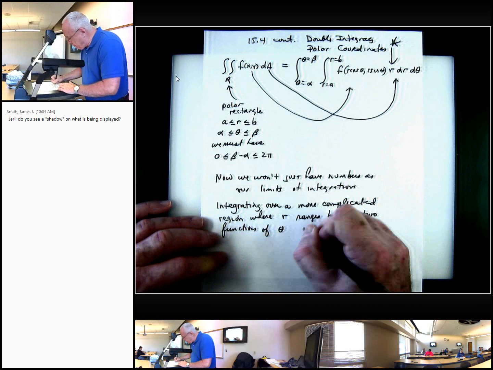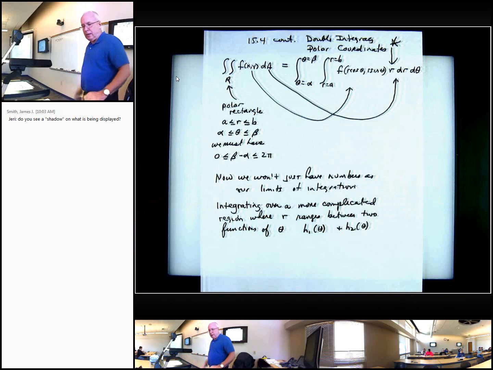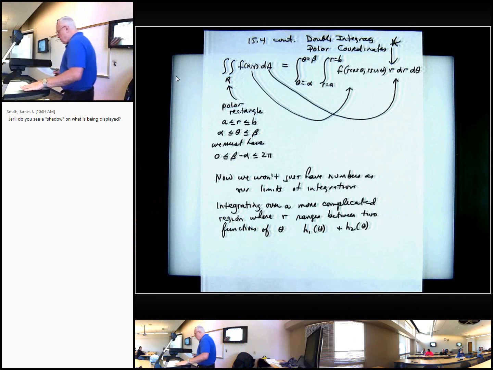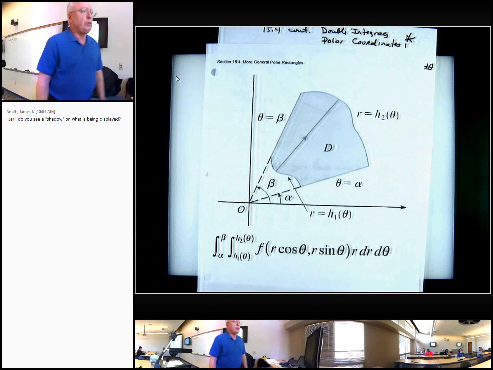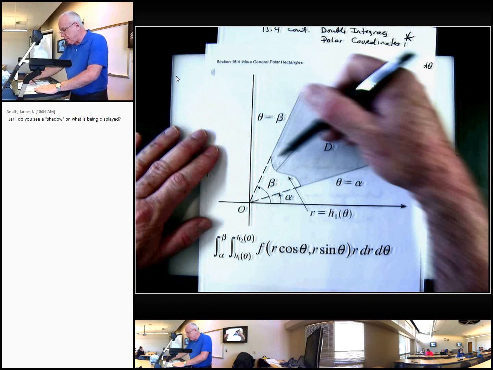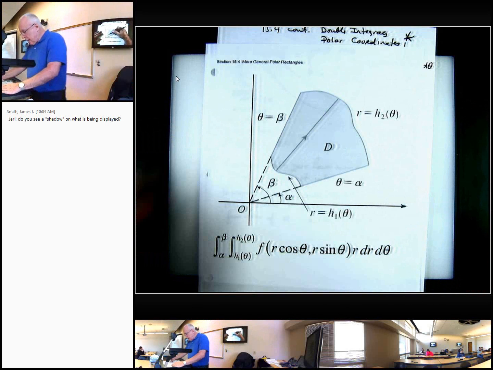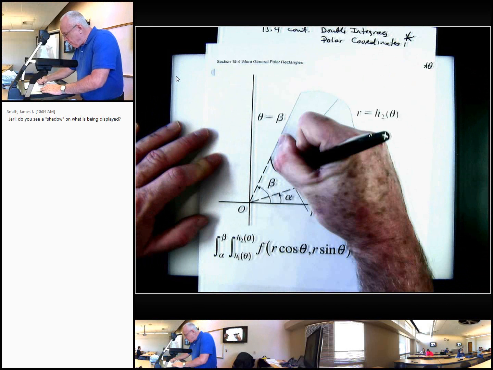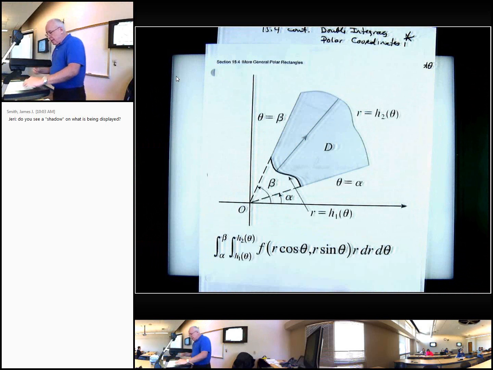We're going to call them h sub 1 and h sub 2 of theta. Okay. So let me show you this diagram of what we're talking about here. Here in gray is the region we're going to integrate over. Now notice how curvy it is here. It's not just a nice arc like we had last time. Down below here, our r varies as some function h1 of theta. Okay, so that's our lower r.